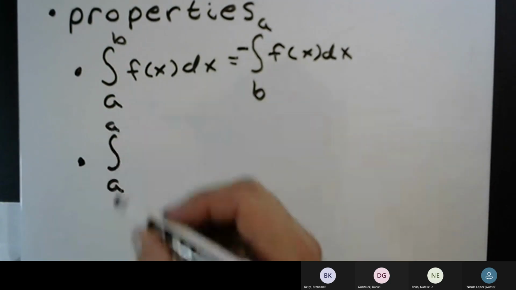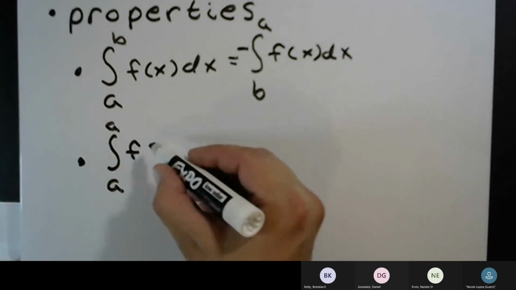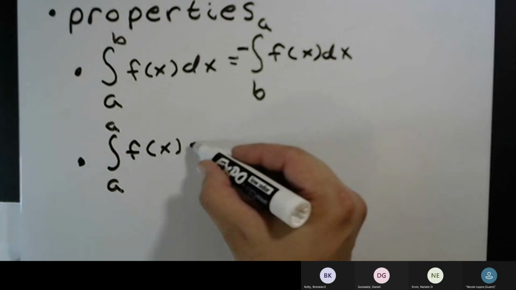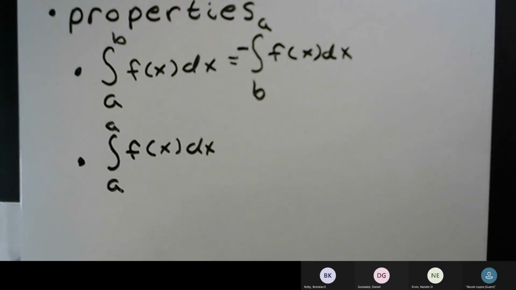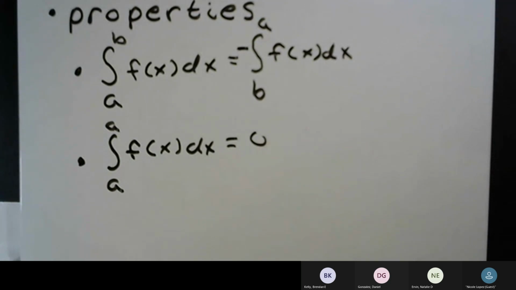If we have a lower bound and an upper bound that are the same, in other words, it's a rectangle that has a width of a point, well, that's going to be 0.